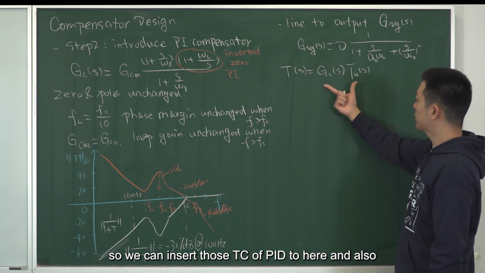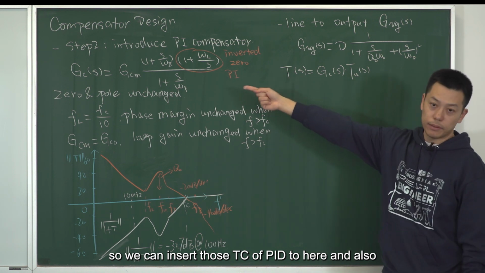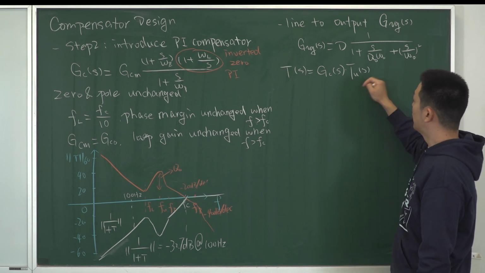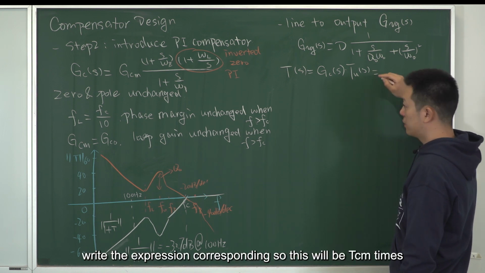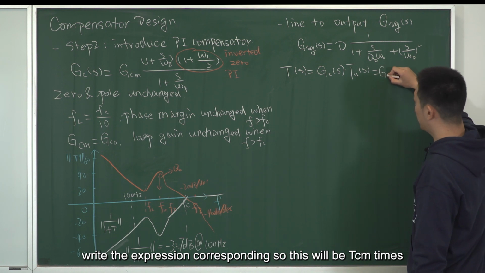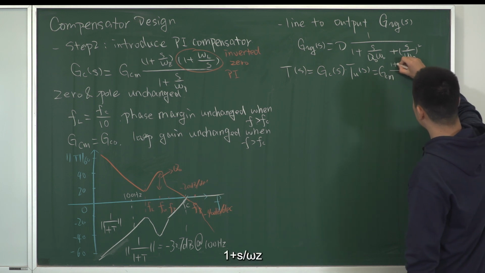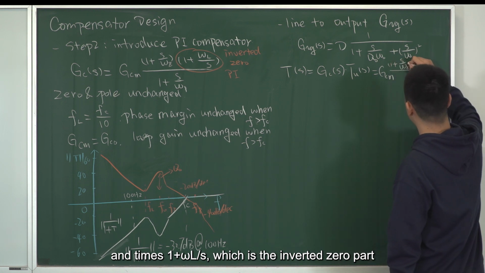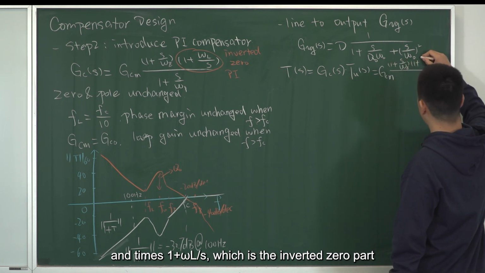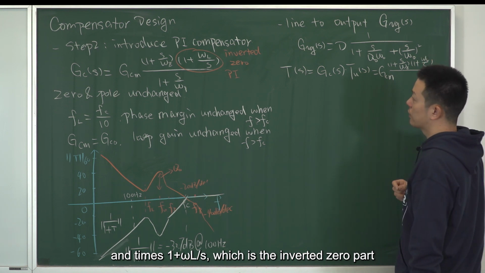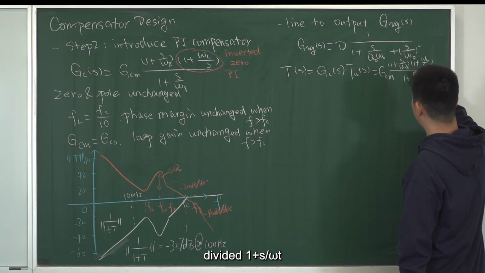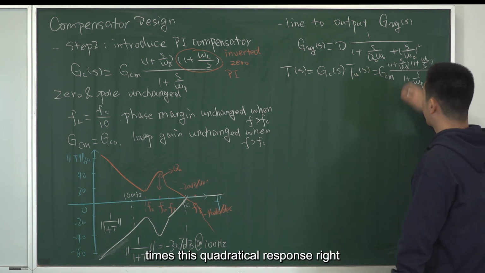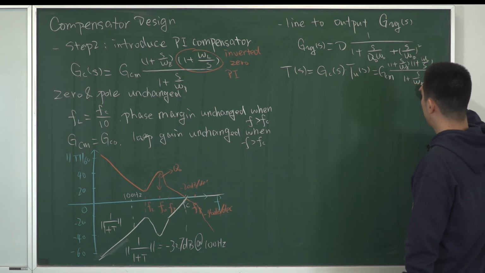So we can insert the Gc of PID here and write the expression correspondingly. This will be Gcm times 1 plus s over omega z, times 1 plus omega L over s, which is the inverted zero part, divided by 1 plus s over omega p, times this quadratic pole response, right?